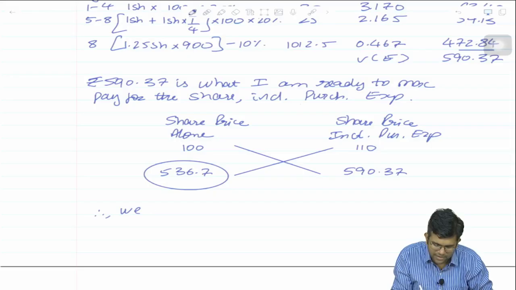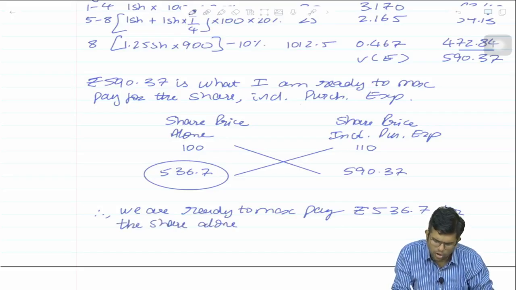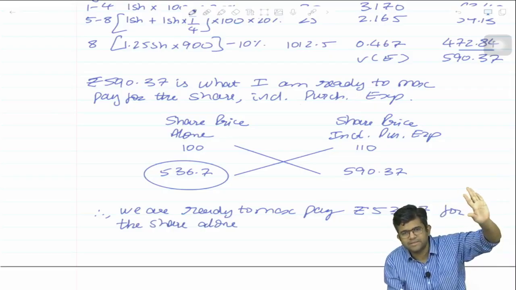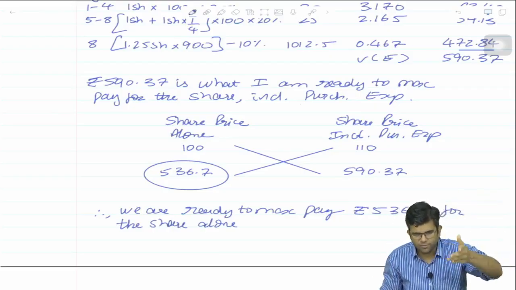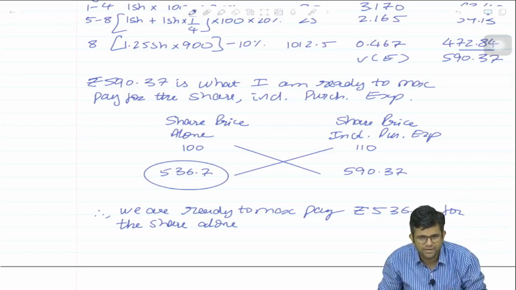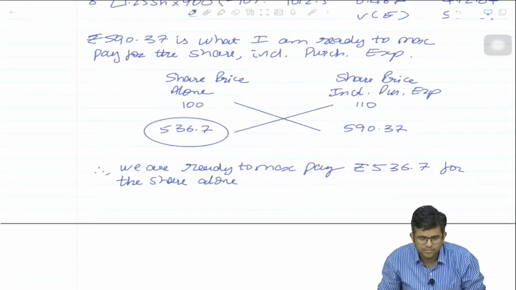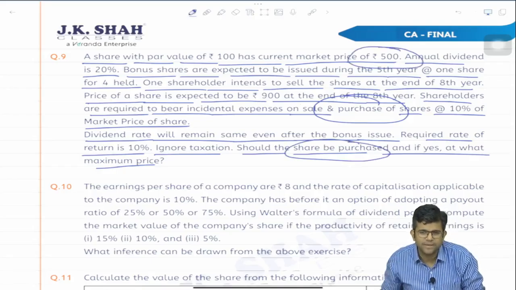Therefore, we are ready to max pay rupees 536.7 for the share alone, and on top of that, if they ask me purchase expense is 10%, that also I am willing to pay. Everybody clear? Because total this will, I hope you realize, 536.7 plus 10% will come to 590.37. Everyone clear? All done.